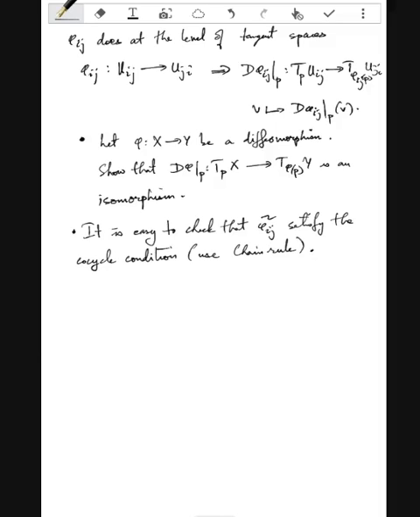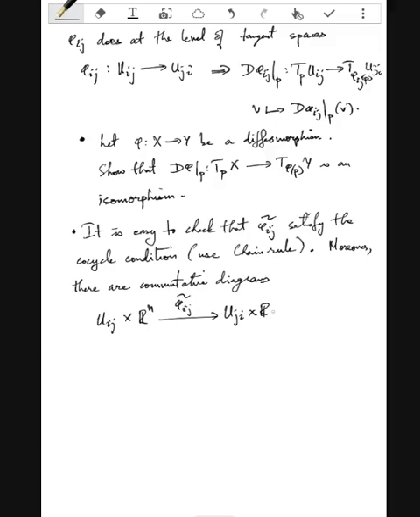And moreover, there are commutative diagrams. U ij cross Rn, phi ij tilde, U ji cross Rn, to U ji, to U ij.